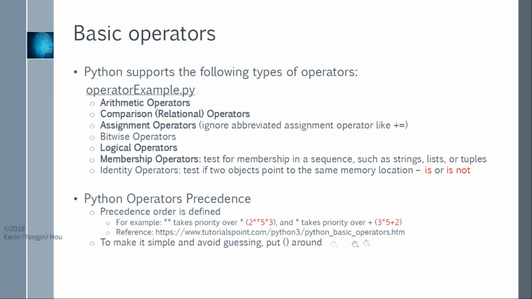If you go online, you should be able to find the precedence of the operators. But I think, to keep it simple and avoid memorizing all the priorities, and avoid confusion or mistakes, putting parentheses around your operators or operands is an easy, simple way to do it and a good exercise.